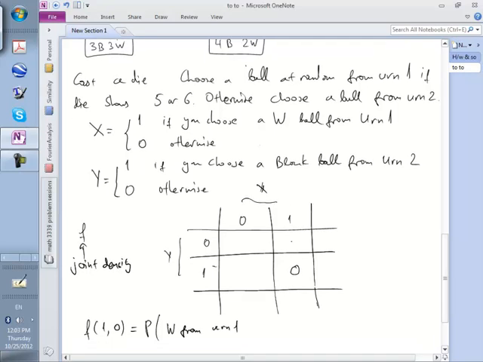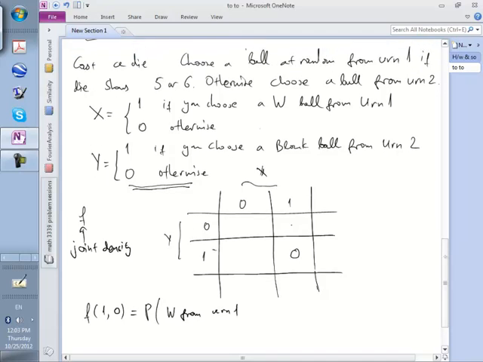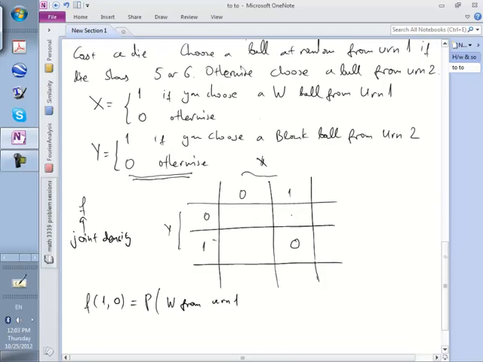Y is the otherwise, so the phrase otherwise does not rule out that x takes the value 1. It's a more general event, which means that the only thing that is not happening is that you choose a black ball from urn 2. That's what it means that y takes the value 0.